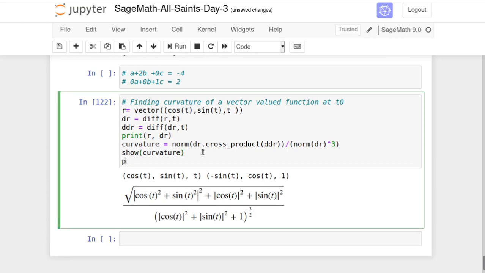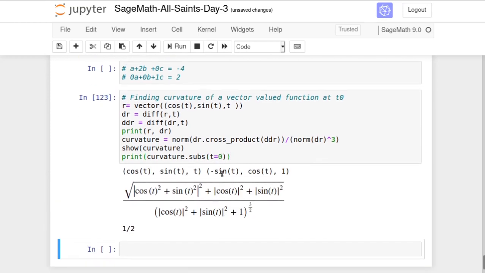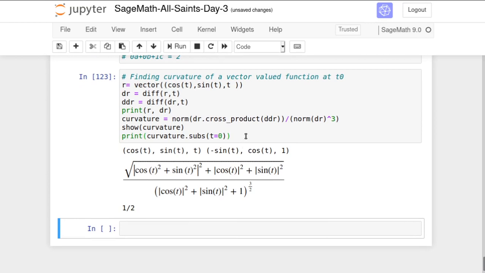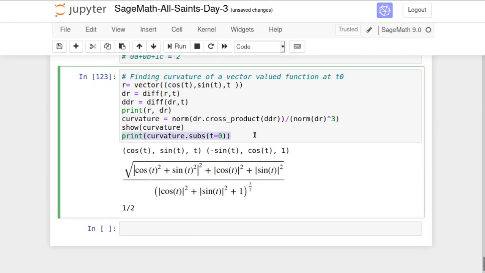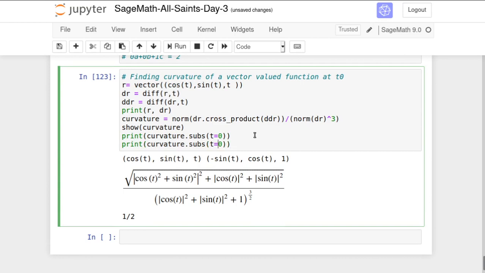Now we will find the curvature at some point. Print the curvature at t equal to some value. Substitute t equal to 0. So we'll get the curvature at t equal to 0. The curvature here is 1 by 2. Now we will print the curvature at t equal to pi by 2.